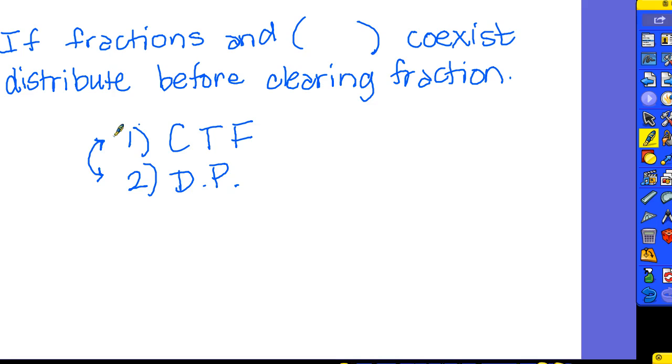Sometimes it really is better to do step 2 before step 1 if both fractions and the parentheses exist in the same problem. So just say they're interchangeable. I can switch them if I want.